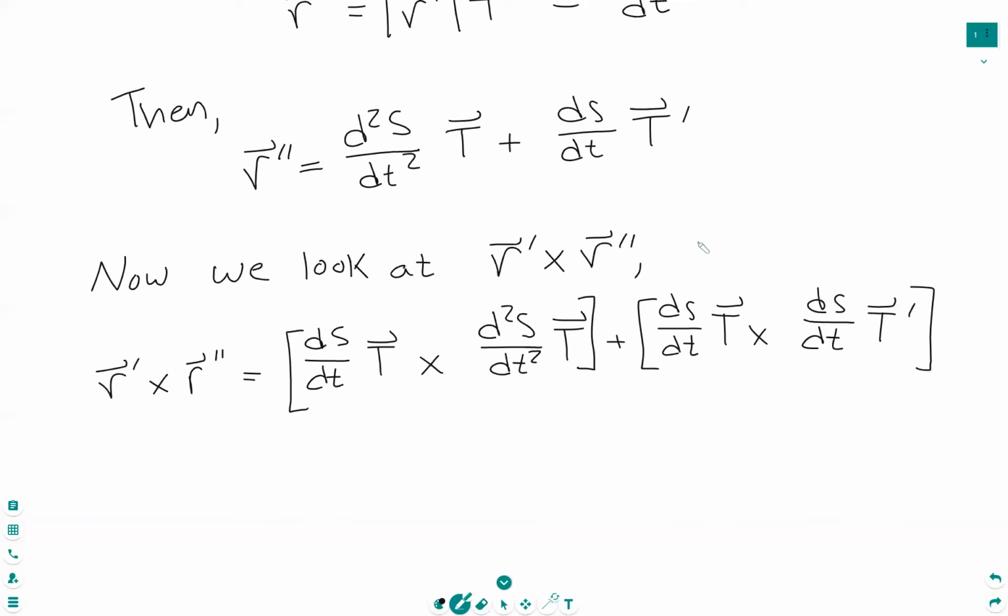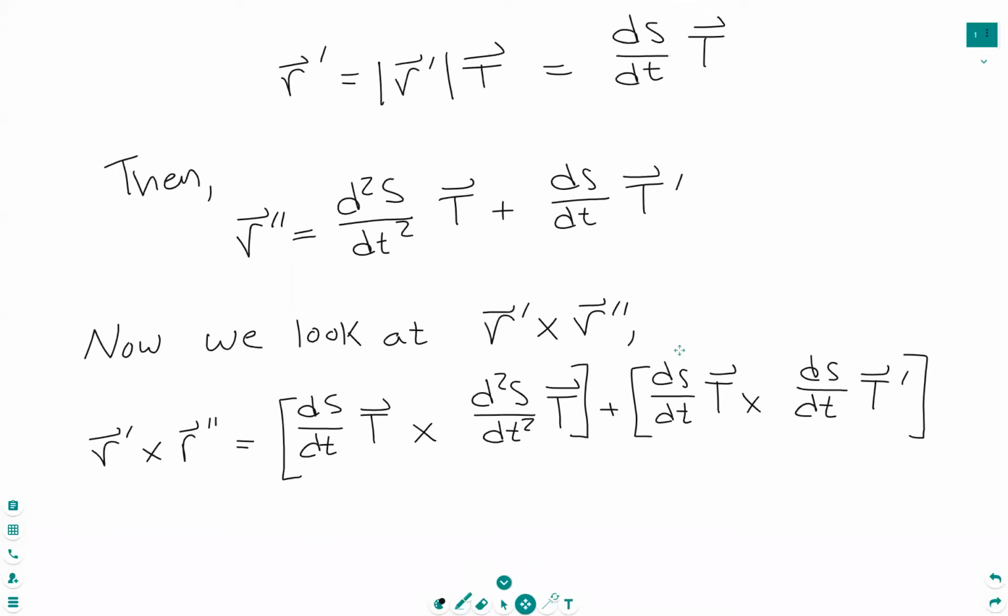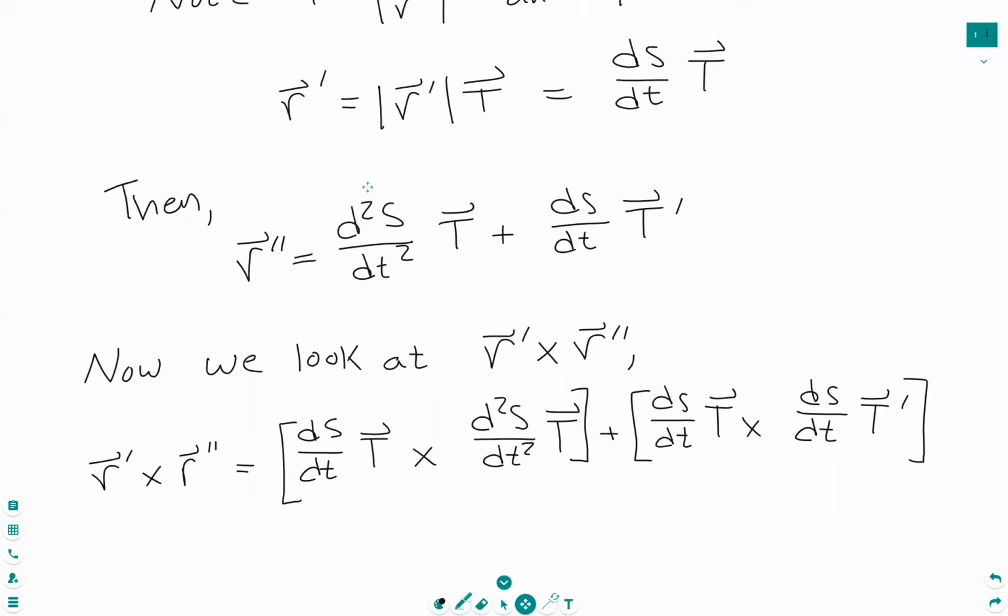So all I've done is distribute this cross product here, right? Because we have our ds/dt and it's crossed with both of these terms.